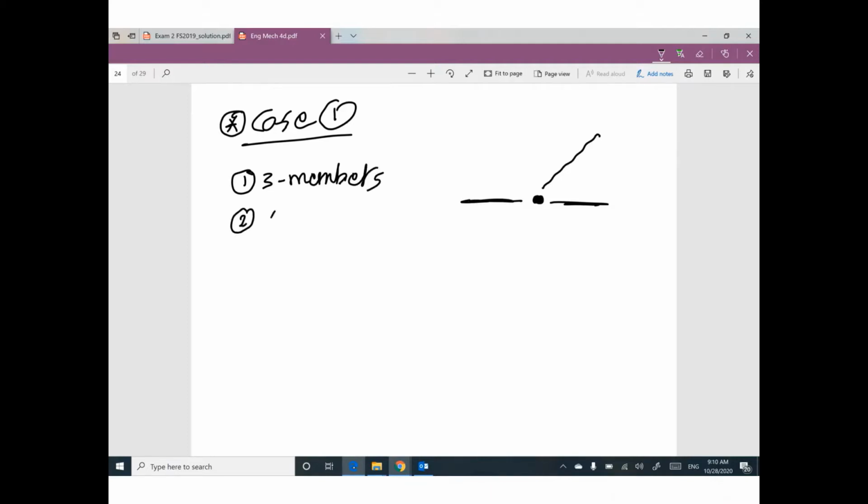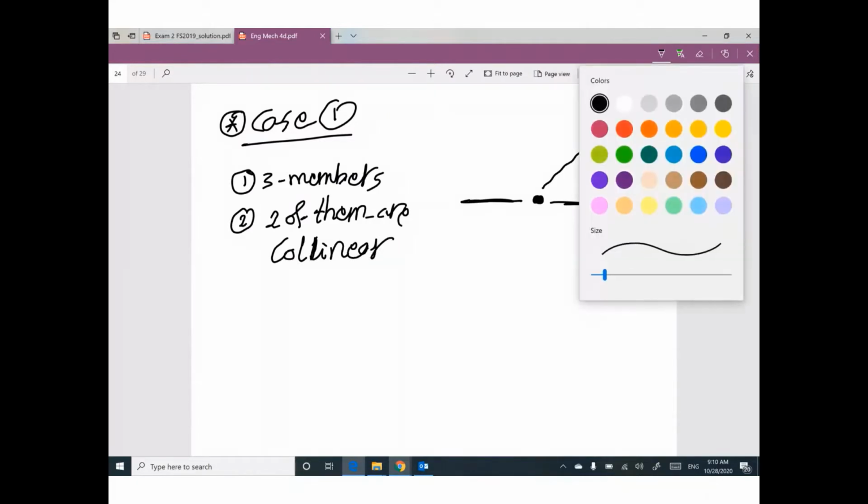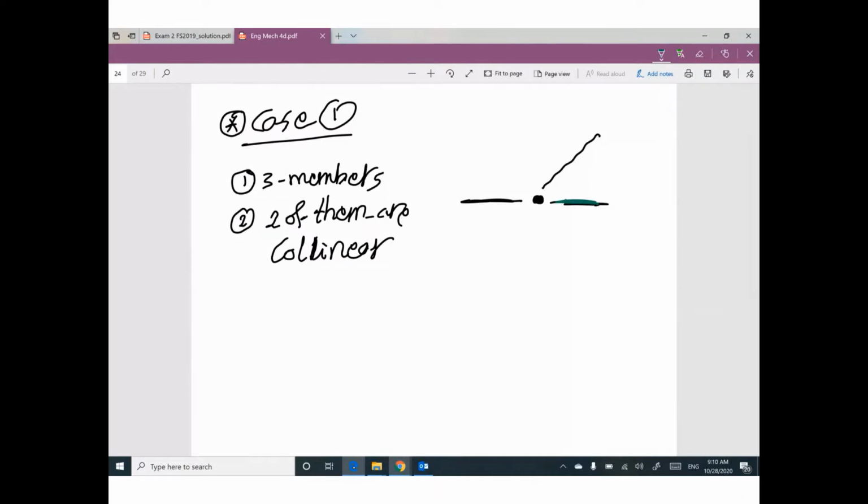Two of them are collinear. If you watch, this member and this member are on the same line, collinear. The third condition, no external force at this joint. We don't have any external forces attached to this joint. That means the third member will be 0.